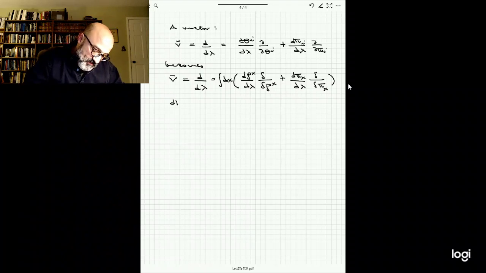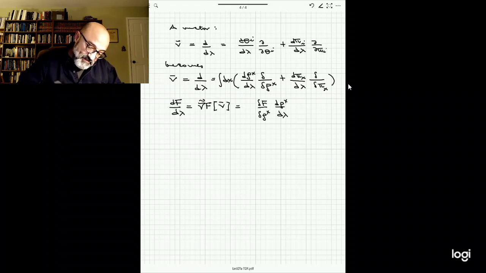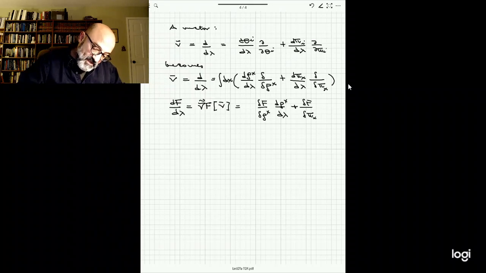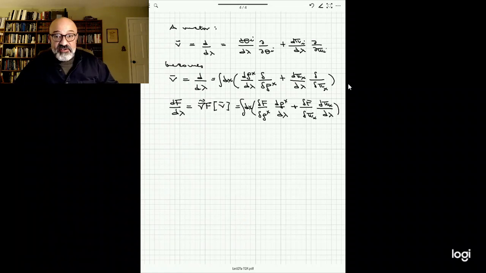Similarly, the gradient of a functional is going to be given by, you take the derivative with respect to the coordinate, and then the coordinate with respect to lambda, plus the derivative with respect to the other coordinate, and then that coordinate with respect to lambda, and implicit here is an integration.